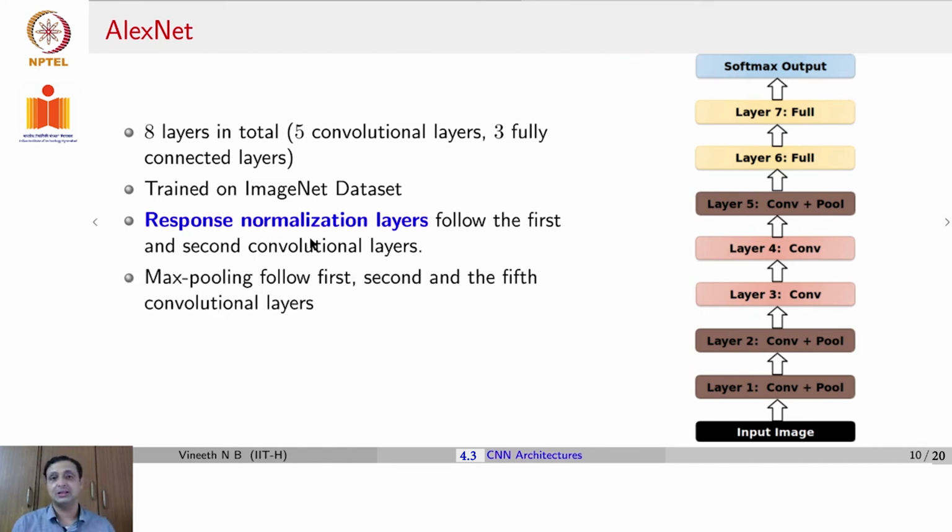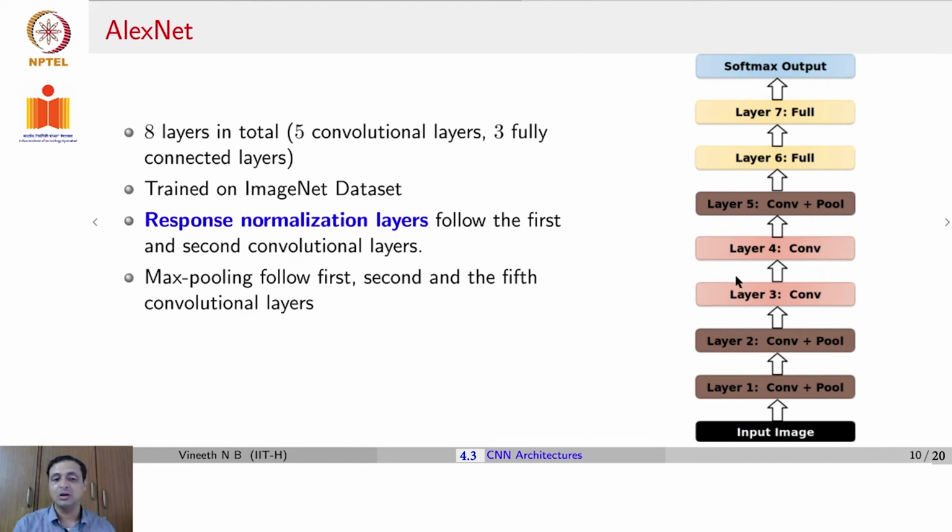In addition to this, this particular architecture also introduced the rectified linear unit or ReLU as an activation function. That was one of the contributions that made this architecture a success. Of course, ReLU is now a default choice for an activation function in many other CNNs. As you can see in the architecture, max pooling follows the first, second, and the fifth convolutional layer.